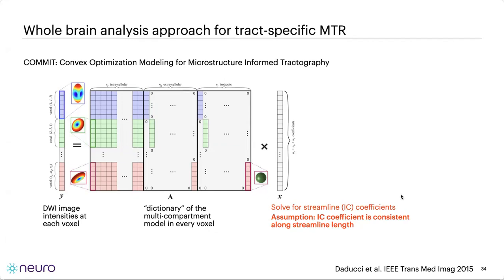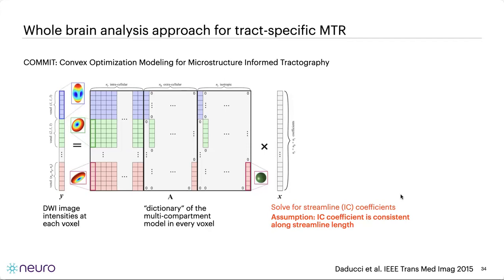So now every measurement, right, at every voxel becomes an equation that sums up the contribution of all of these. And you can solve that over the entire brain and then find out what is the contribution of the stick fraction for every streamline that you have. Okay, so it's just a massive set of linear equations, but it means that you have to apply it to the whole brain. You can't do just a part of it, right?